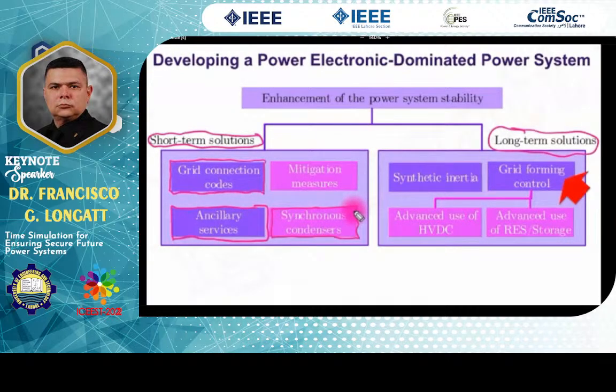The synchronous condenser is a synchronous machine that is working to deliver reactive power. But during a short circuit, they have the possibility of contributing short-circuit currents. And short-circuit currents are extremely important when we are talking about protections, specifically for overcurrent protection, detection, and location.